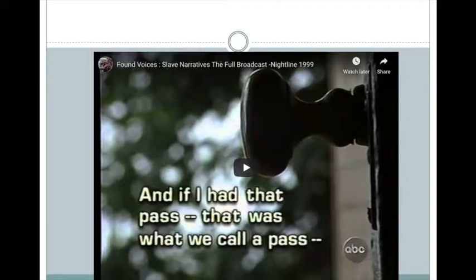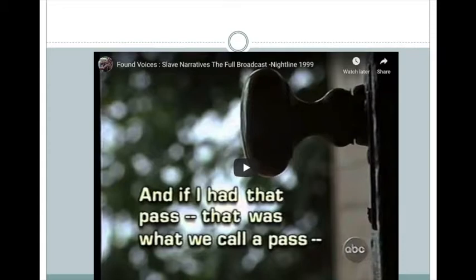But they could also use these families as forms of punishment as well. Again, threats of sale and so forth. And amongst slave families, it's important to understand that slave families were very maternalistically driven.